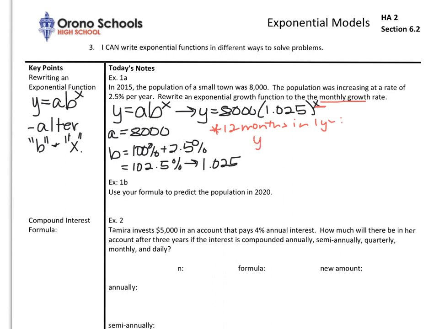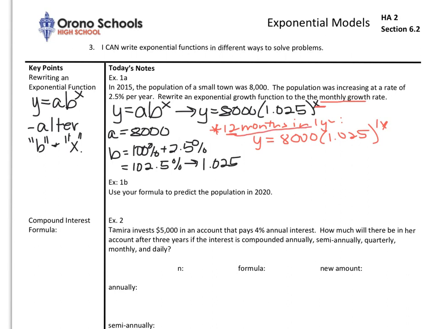I'm going to write y equals 8,000 times 1.025, and I'm going to write 1 times x, and the 1 represents the one time a year that percentage will increase.